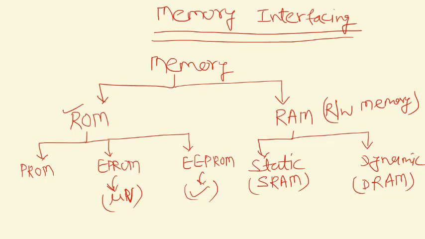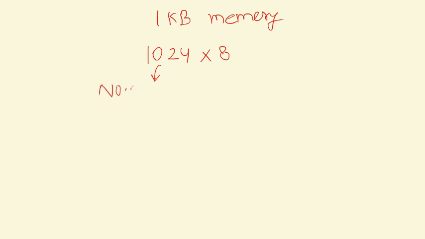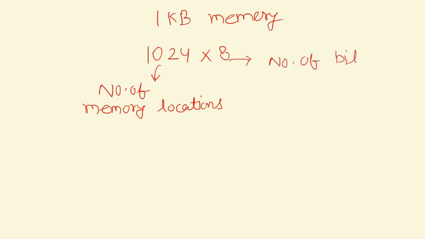Suppose 1 KB memory. So what do you mean by this 1 KB memory? 1 KB memory means 1024 into 8, where this 1024 is the number of memory locations, and this 8 is the number of bits in each memory location.